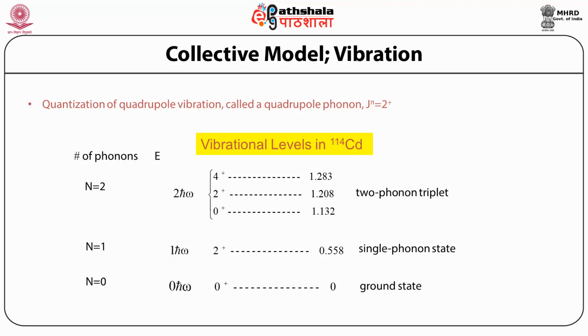For n is equal to 1, we have 1 h bar omega, and this is 2 plus with an energy of 0.558, the single phonon state. For n is equal to 2, we have the energy as 2 h bar omega. There will be a triplet of states like 0 plus, 2 plus and 4 plus at different energies. So, the two phonon triplet does exist in vibration studies of the nucleus.